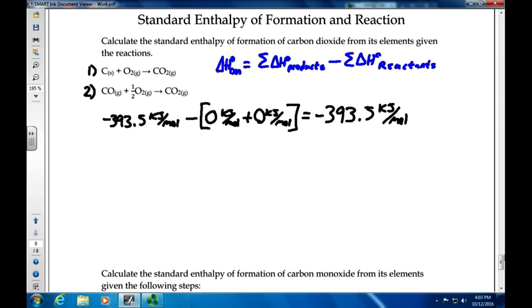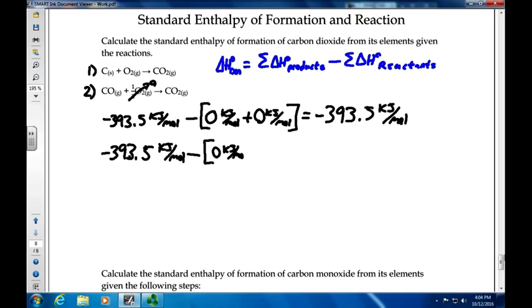is a little more complicated. We know that O2 is going to give us 0. So this is going to go to 0. We don't have to worry about it. This carbon monoxide, however, does have a heat of formation. So again, we're going to start off with negative 393.5 kilojoules per mole minus 0 kilojoules per mole.